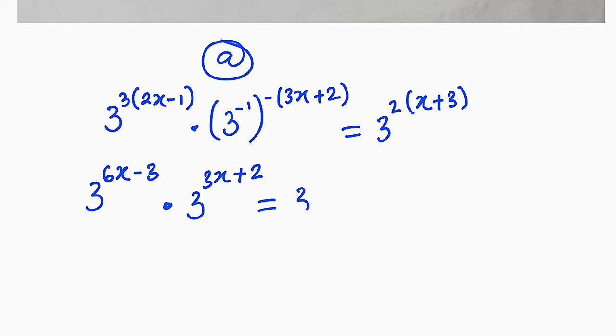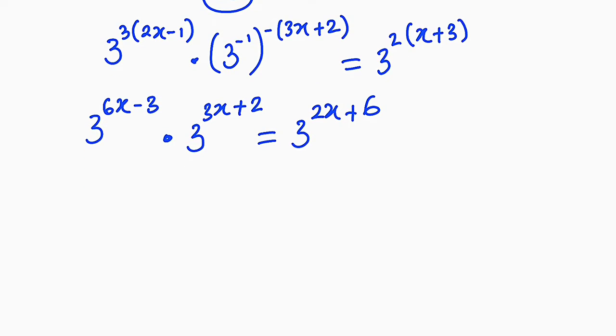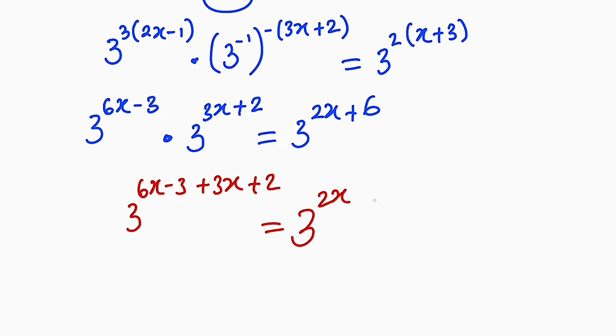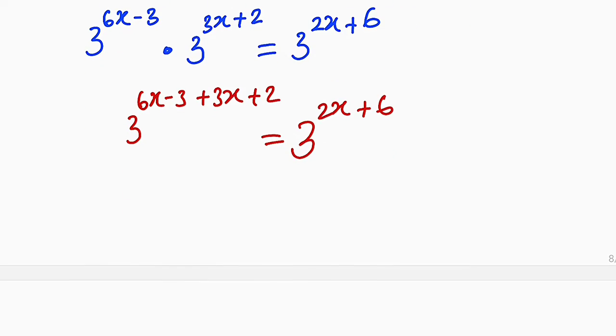This is equal to 3 to the power of 2 times x, which is 2x, plus 2 times 3, which is 6. So we are going to apply one of the laws of indices here because the bases are the same and we are multiplying. Hence, we can take a base and add the exponents: 6x minus 3 plus 3x plus 2. And this is equal to 3 to the power of 2x plus 6.